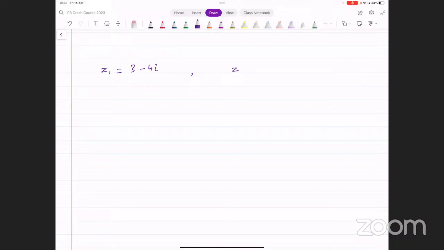Let's say that's Z1. We have another complex number that is Z2, and Z2 is equal to, let's say, how can I get an integer as the modulus? Let me think about it.